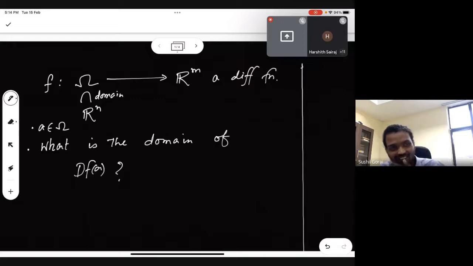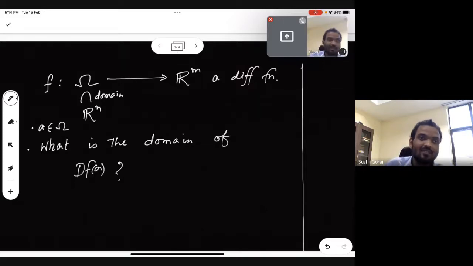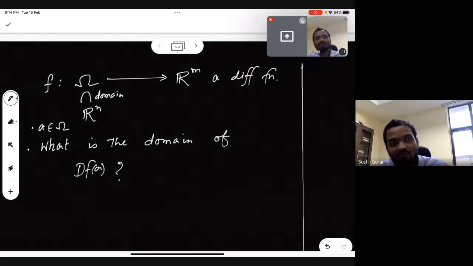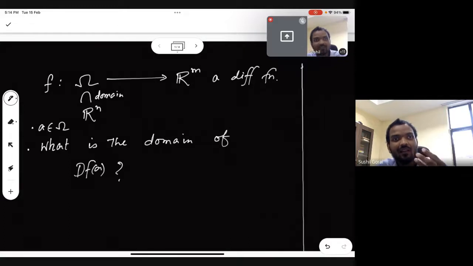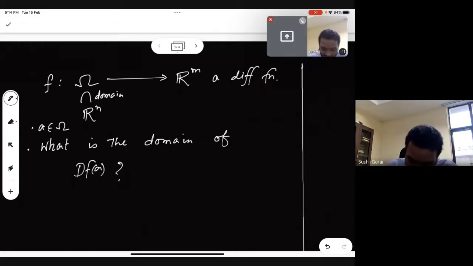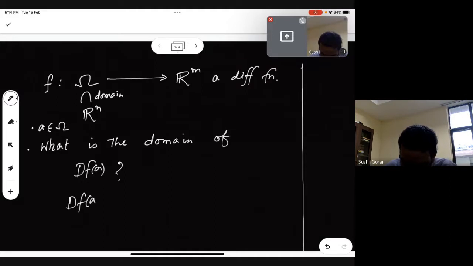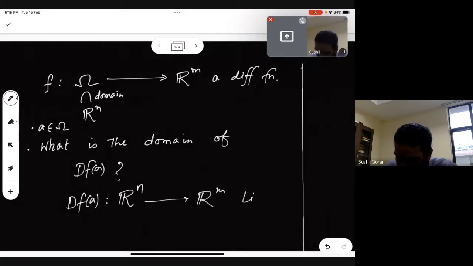Yeah. So it is actually mapped from the tangent space of omega to the tangent space of Rm. And that is what is in the hindsight. All right. So this df at A is a map from Rn to Rm, linear, right?